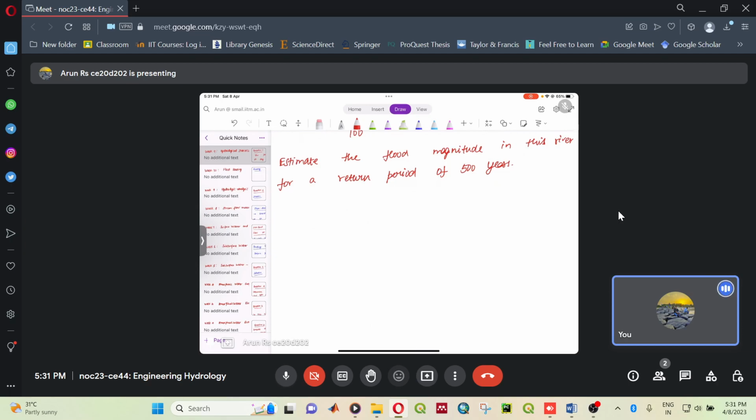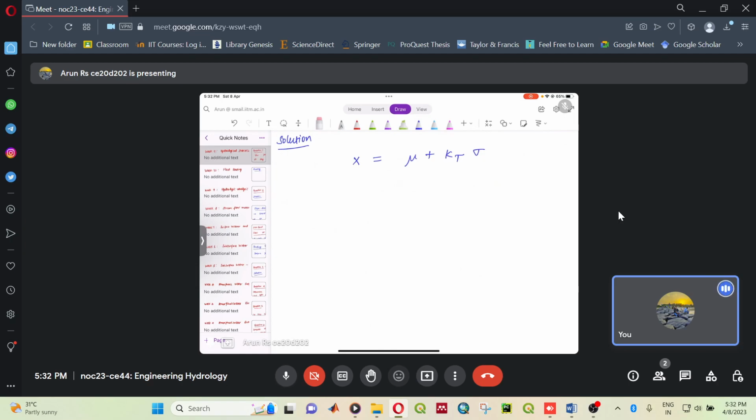So we know that for Gumbel's distribution, to estimate the flood, we write the general expression as x is equal to mean plus Kt into sigma. So this is the general transformation equation that we use in the Gumbel's distribution. So here we are being provided with two pieces of information.